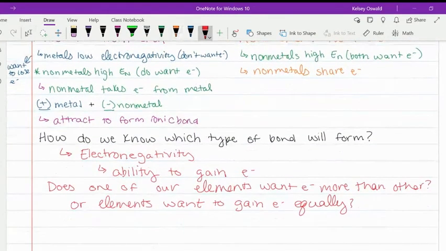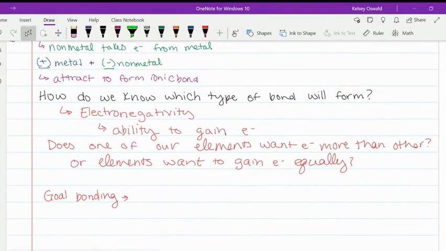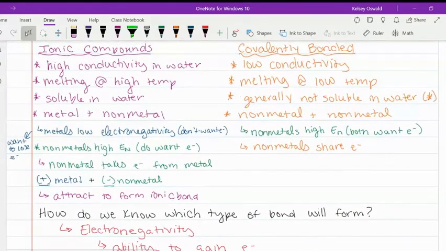And remember, our whole goal in forming a bond is to make our elements happy, to where they have 8 valence electrons. This is what we're going to call the octet rule. Everyone's going to bond so that they have 8 valence electrons, whether that's a transfer of electrons like in our ionic compounds or a sharing of electrons like in our covalently bonded compounds.